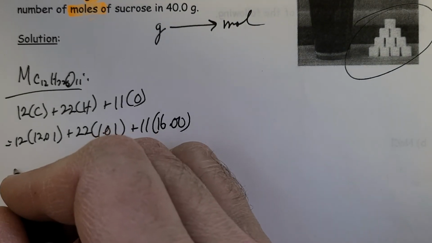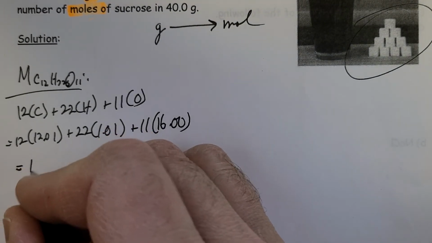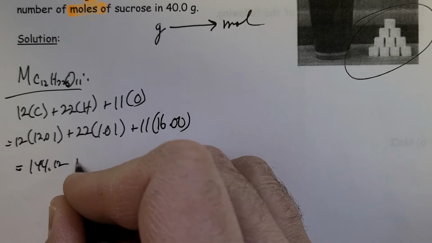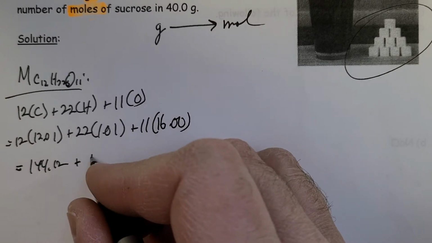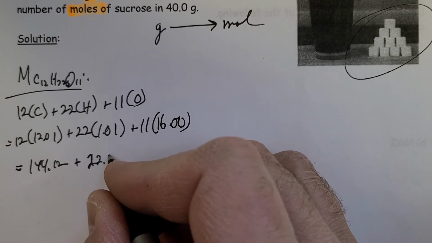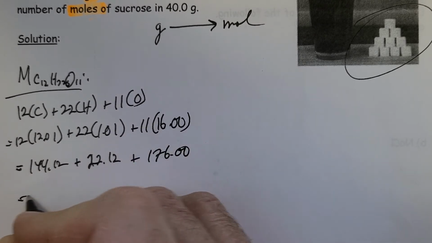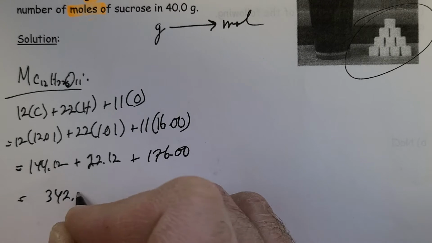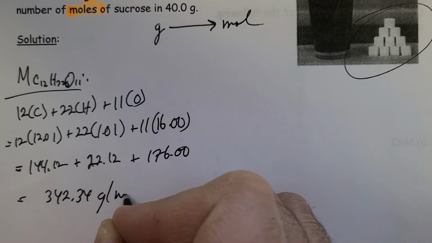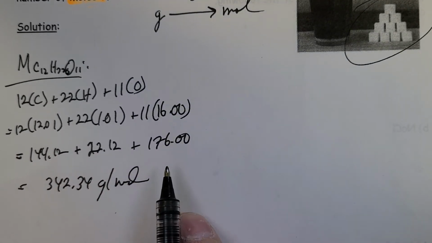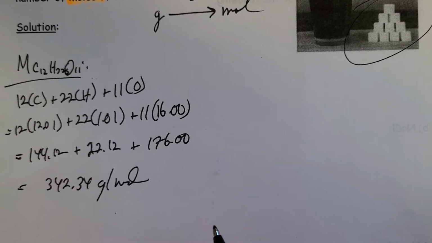Continuing on with that, 144.12, 12 times 1.01 is 22.12, and then 176.00. So that's going to give us 342.34 grams per every mole. So that's the molar mass of sucrose.